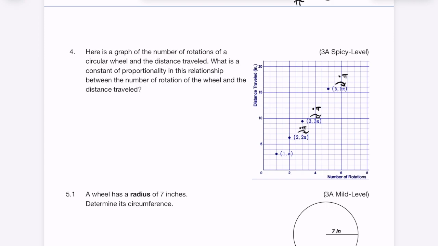Yep, so 2 times 2 pi. You could also divide 3 pi by 3. It's just going to be pi. So that's it. Pi is the constant of proportionality here.